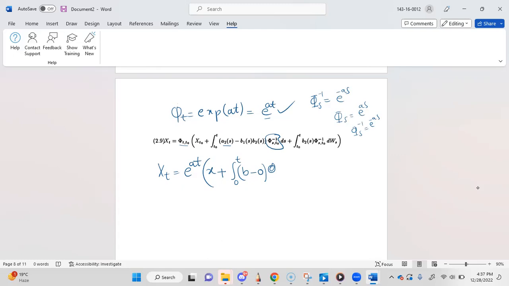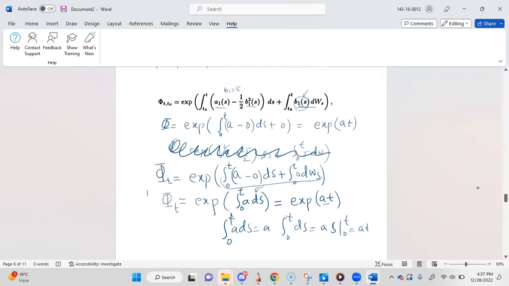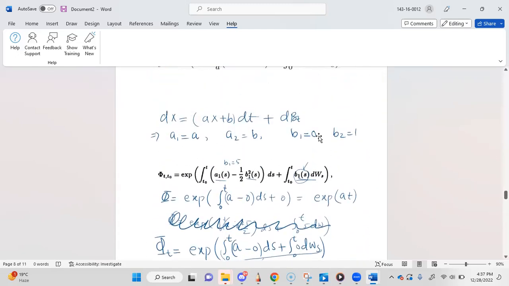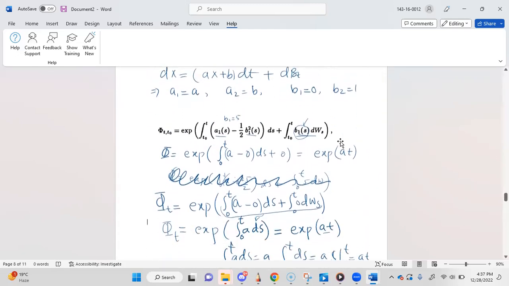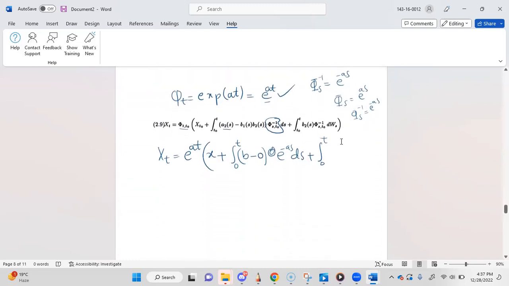So you just substitute this e to the minus as ds plus the integral from 0 to t. What is our b2? b2 is 1. You can see this is b2. It is 1. So you just substitute b2 as 1. And this is the same, e to the minus as dws.